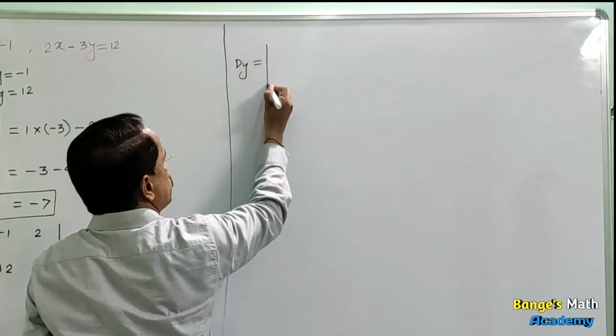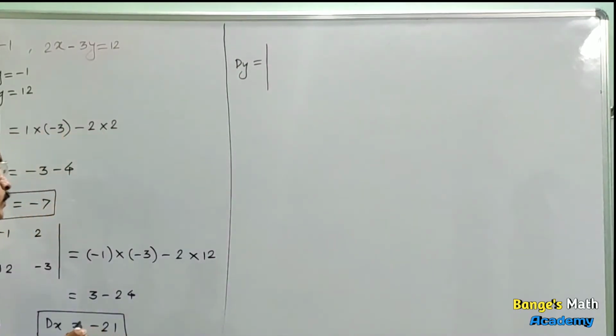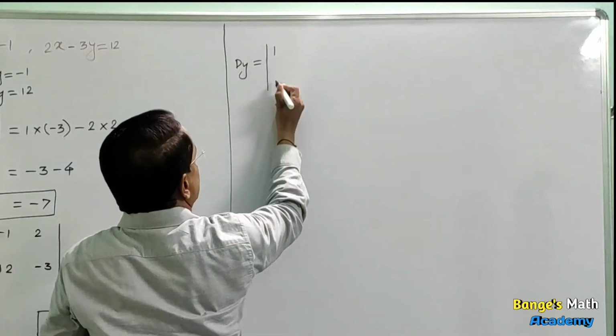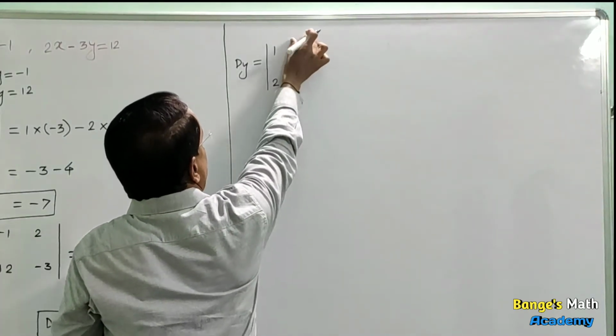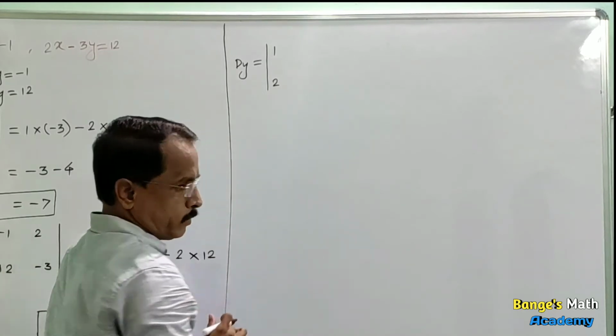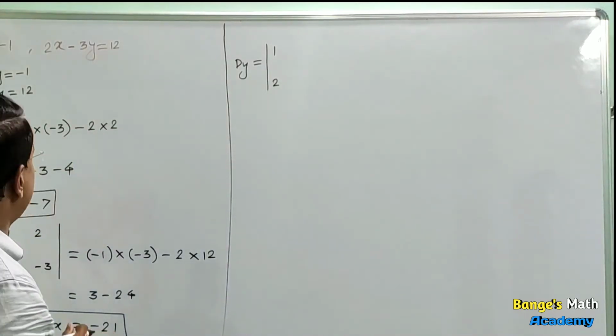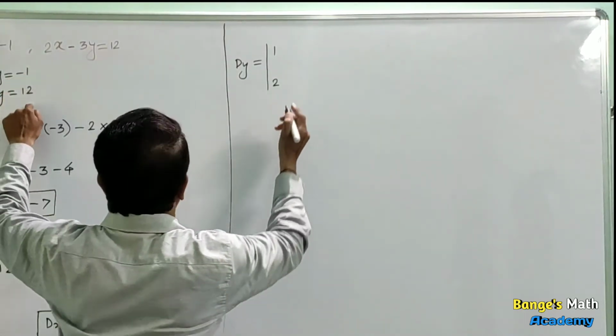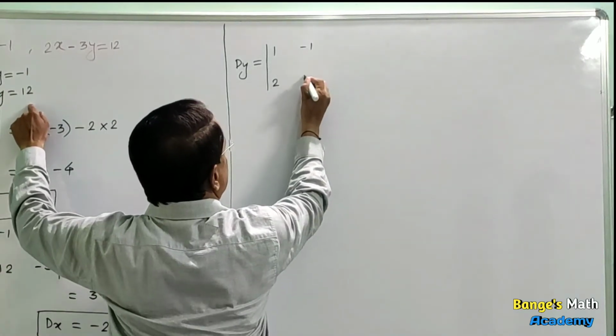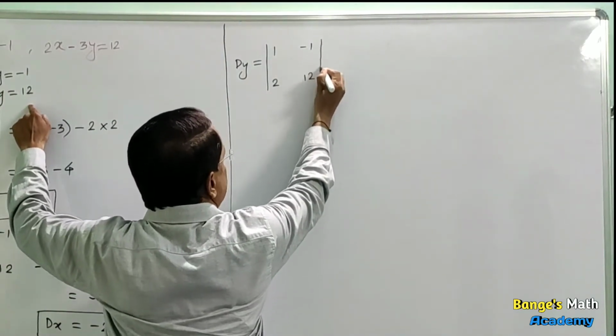dy is equal to, in the first column, write down the coefficients of x, 1 and 2. Then in the second column, hide the coefficients of y and replace them by the constant terms minus 1 and 12.